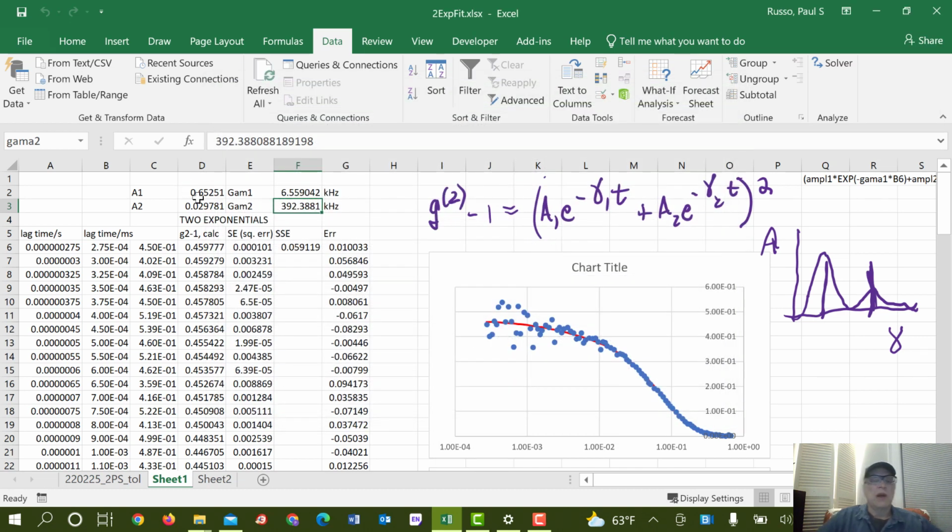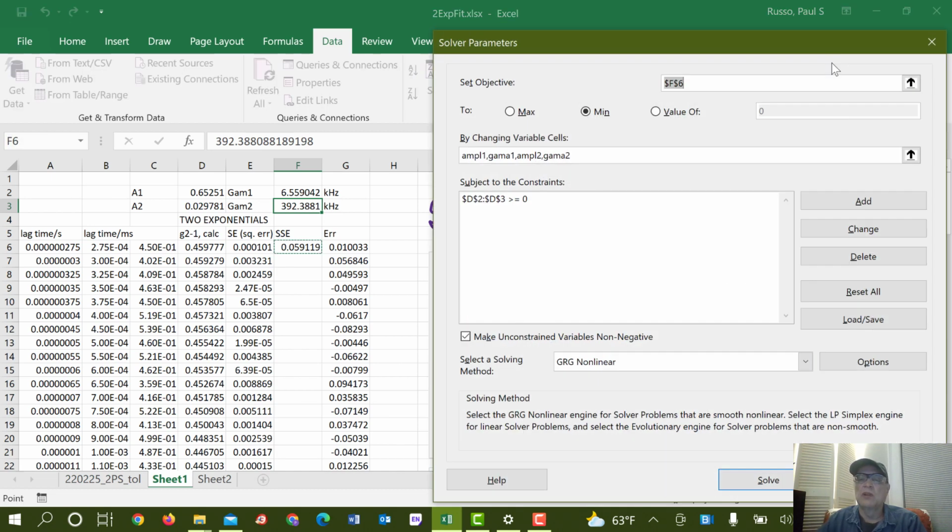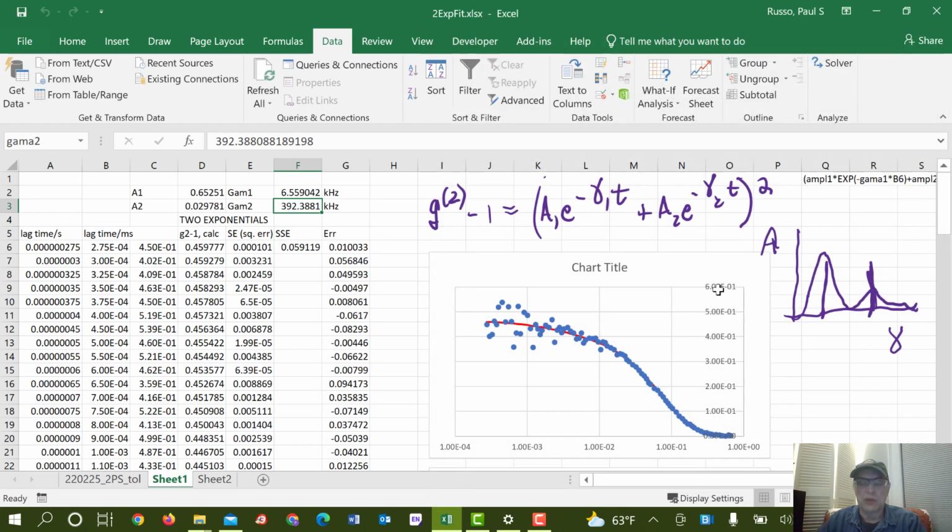And so again, I think it might be that it went to giving A1 be, right now it's the slow one. It might have been the fast one earlier, but you have to sort that out yourself. The program doesn't really have any way to distinguish that. I suppose we could, if we wanted to, include that as a solver condition. We might be able to add a constraint, gamma 2 greater than gamma 1, and then force that. I just don't do that.